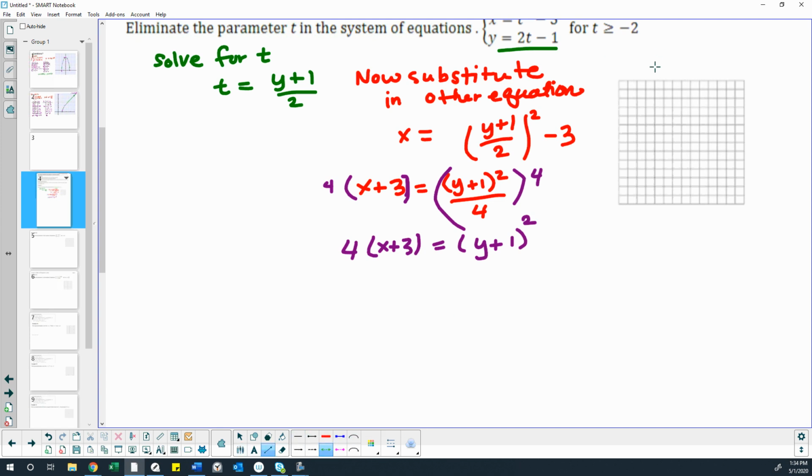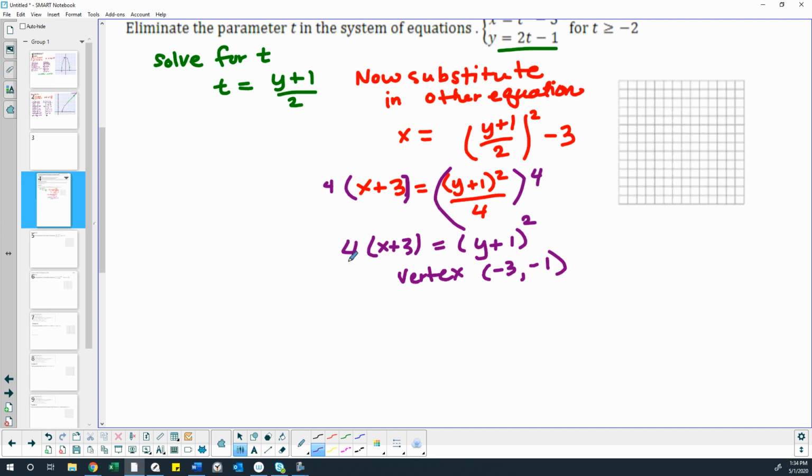Perfect. Okay, so with the parabola, we have a focus and a directrix. The vertex of our parabola will be at -3, because that's the opposite of the number with x, and -1, because that's the opposite of the number with y.